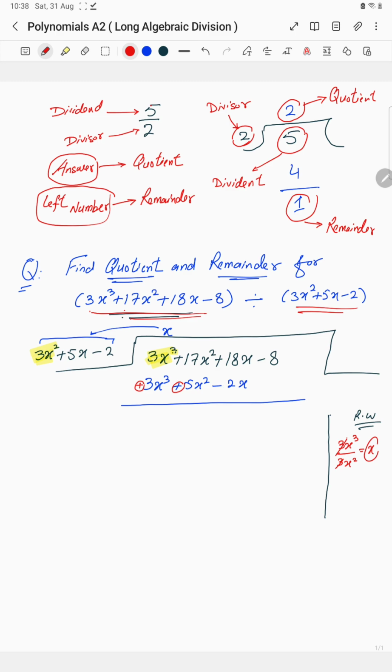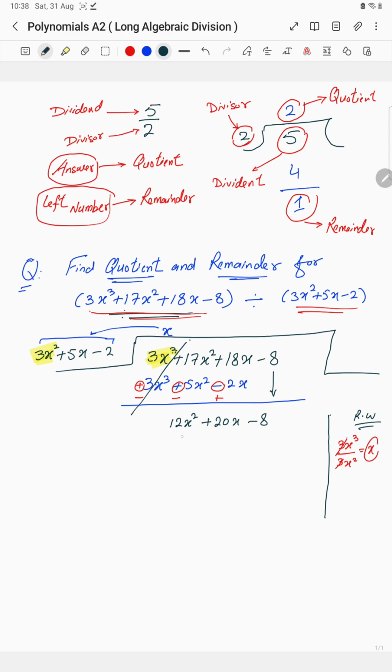I'm going to circle it: these signs will be changed. Plus becomes minus and minus becomes plus. Now you will see this cancelled. 17x square minus 5x square means 12x square. 18x plus 2x is 20x, and minus 8 is as it is.